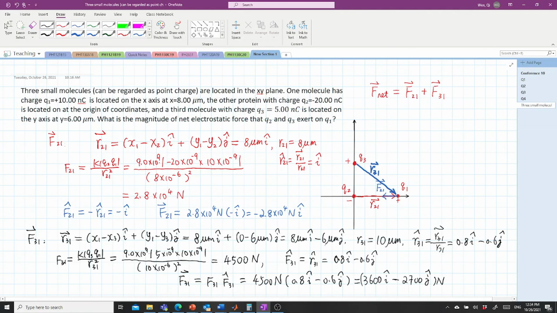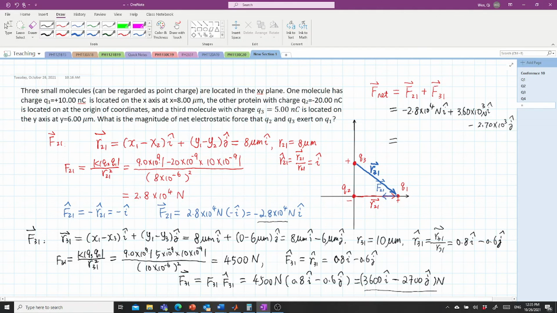So now we have found the F21 vector and the F31 vector. We can substitute them in here. F21 is negative 2.8×10^4 newtons in the i hat, plus the F31 vector, whose x component is 3,600, or 3.6×10^3 i hat in newtons, and subtract 2.70×10^3 j hat.